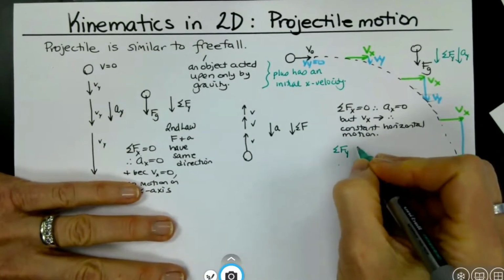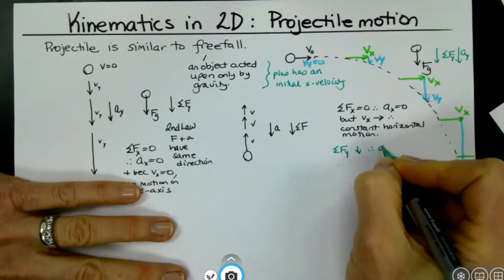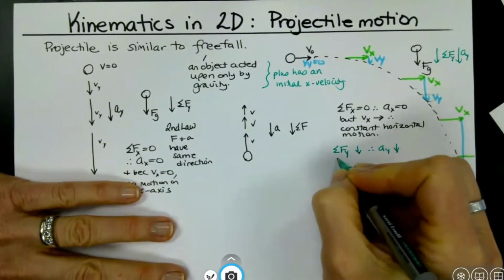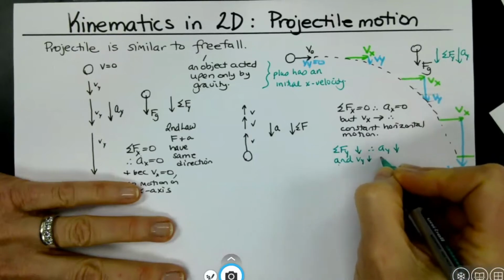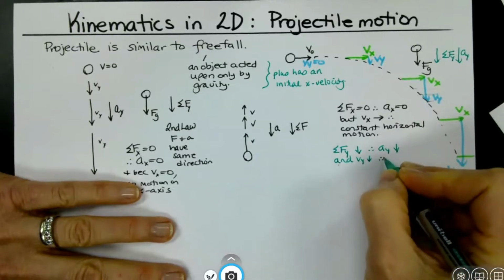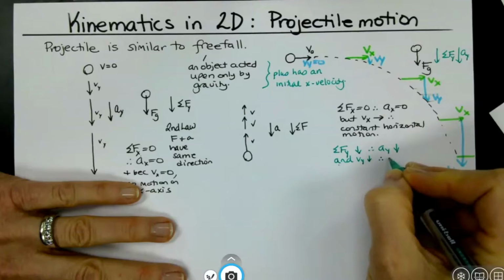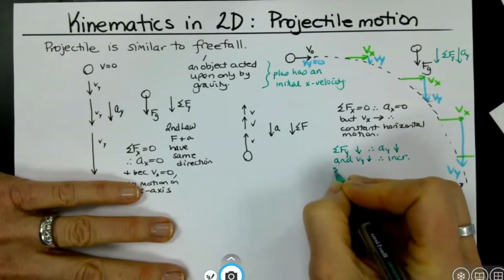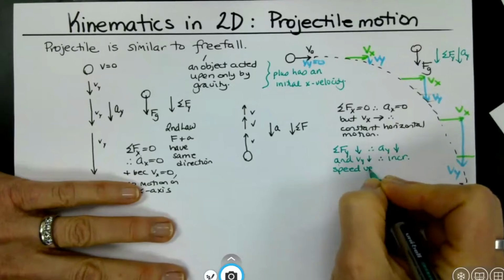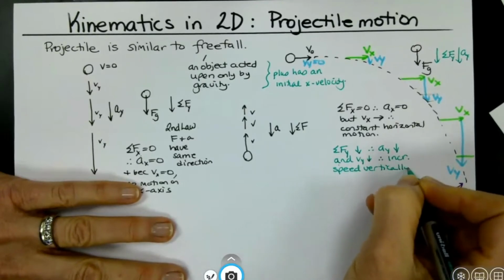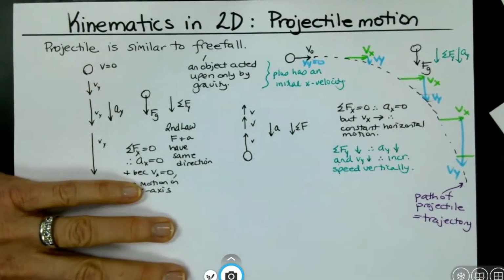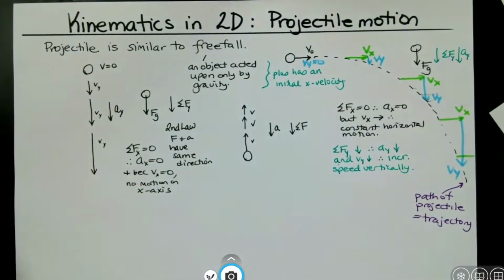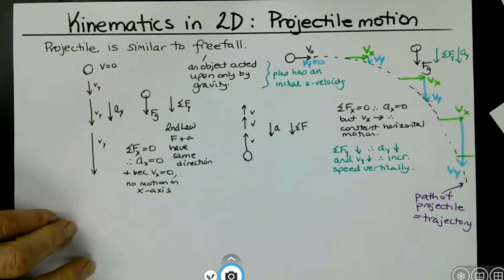Net force on the y is down, therefore acceleration on the y is down, and vy is down, therefore it's increasing speed vertically in this situation. And we saw that with the diagrams. So this is always true for all projectiles, even if the trajectory looks different.